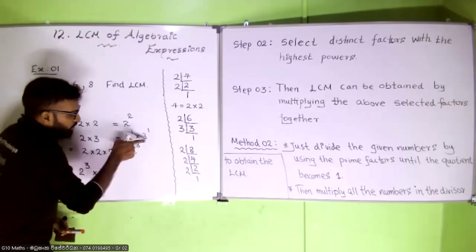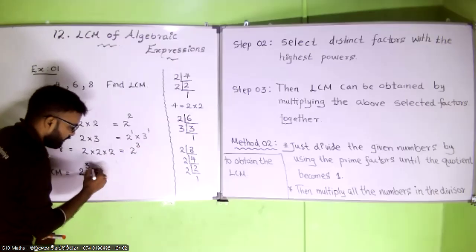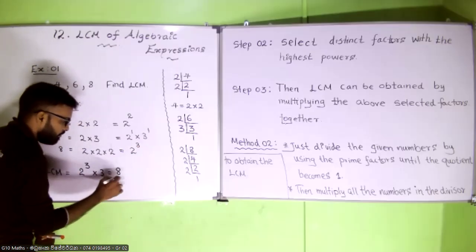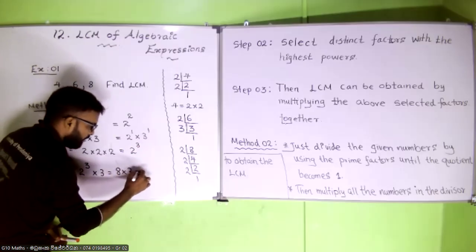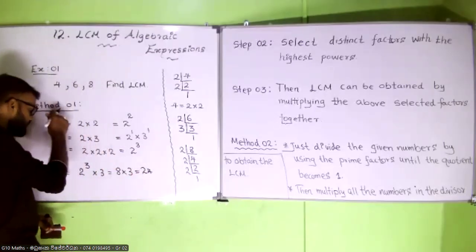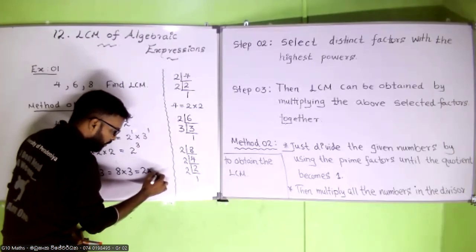Multiplied by 3, since when we consider 3, the highest power is itself. You know 2 to the power 3 is 8, multiplied by 3. 8 times 3 is 24. So for these 3 numbers, the least common multiple would be 24.